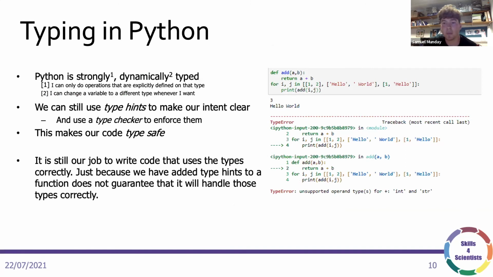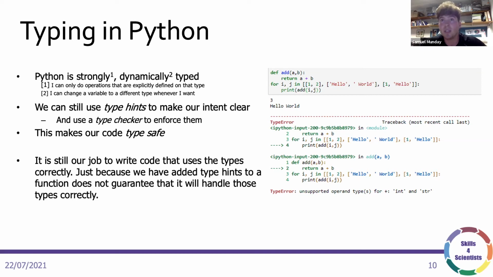So moving on from documentation and onto typing, we start to get a little bit computer sciencey, but it's actually quite interesting, because Python is what's called strongly dynamically typed. By strongly typed, it means that you can only do operations that are explicitly defined on that type. And that's really important. You can't change the type behind the scenes without you knowing about it.